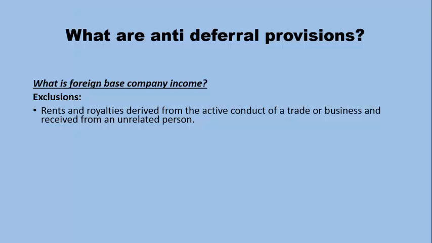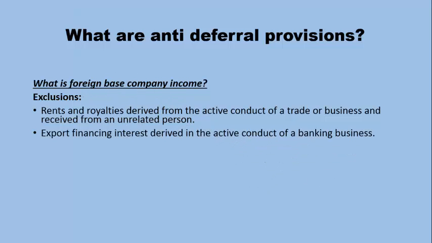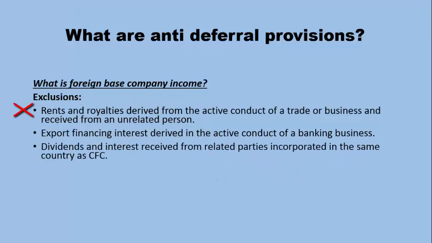What is not included in foreign-based company income? Rents and royalties derived from the active conduct of a trade or business and received from an unrelated person are excluded. Export financing interest derived in the active conduct of a banking business is excluded.